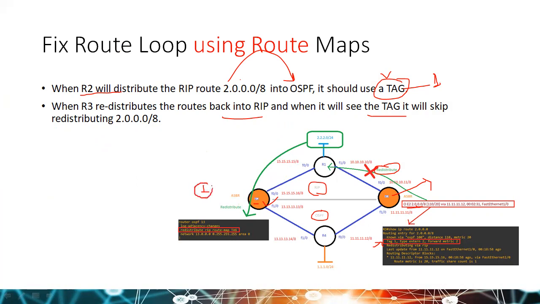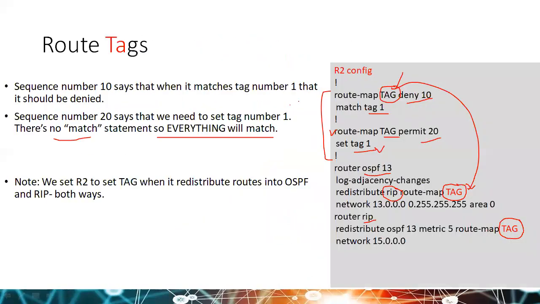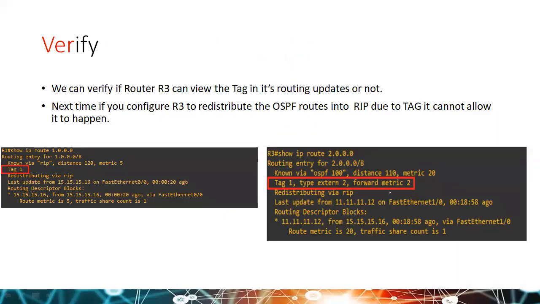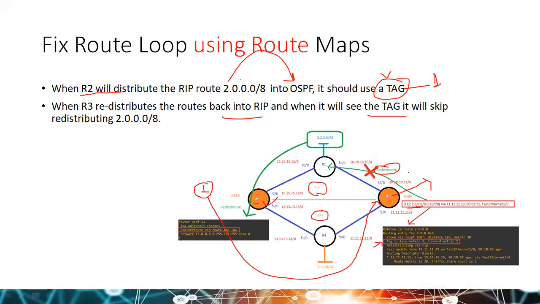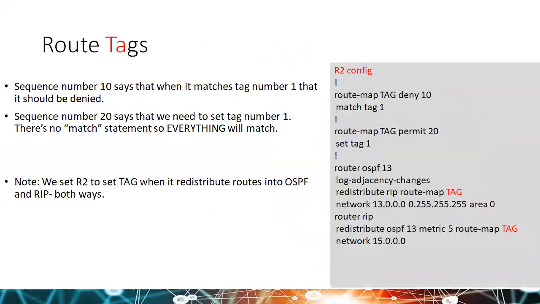And when this tag 1 is carried over to R3, and we can see this tag 1 over here, since the tag parameters are cascaded within OSPF, with the OSPF update, if it sees that tag 1 is associated with the configuration of deny, it will not redistribute this network back into RIP.